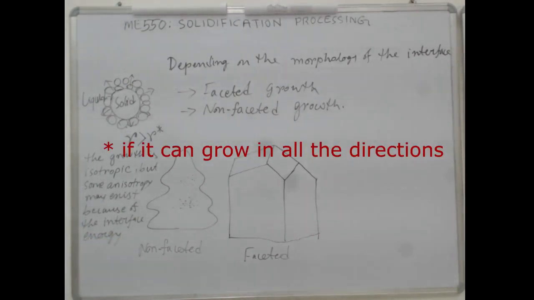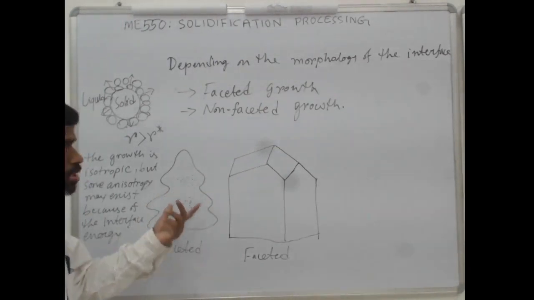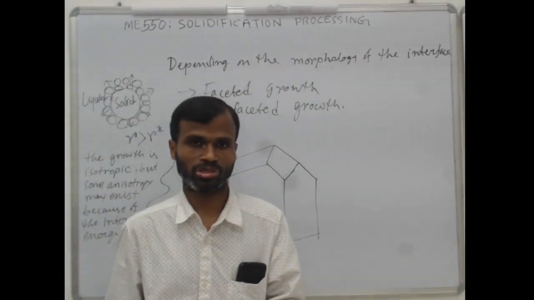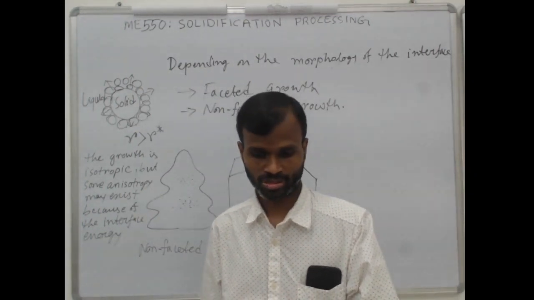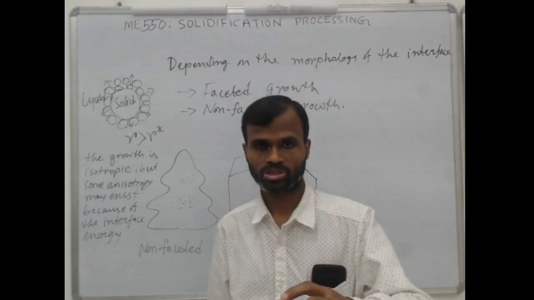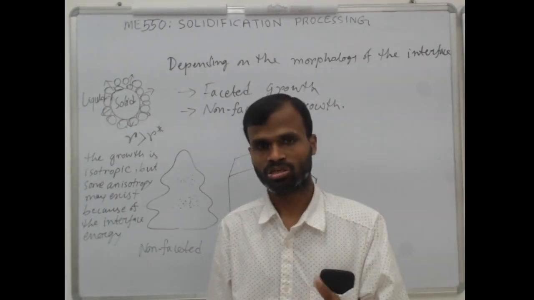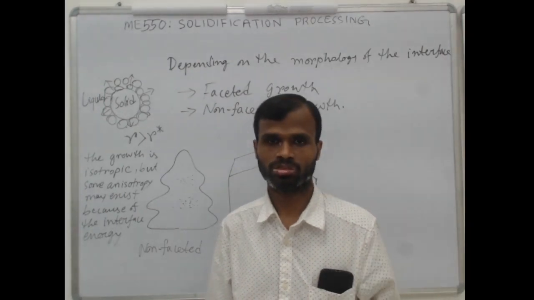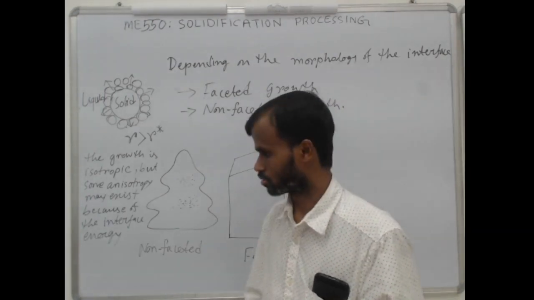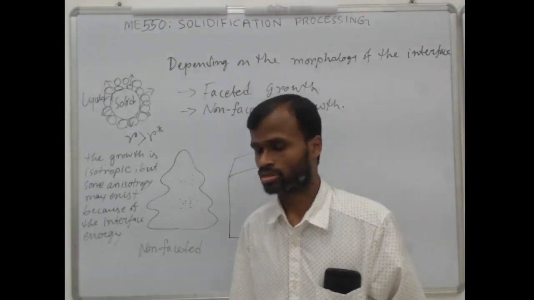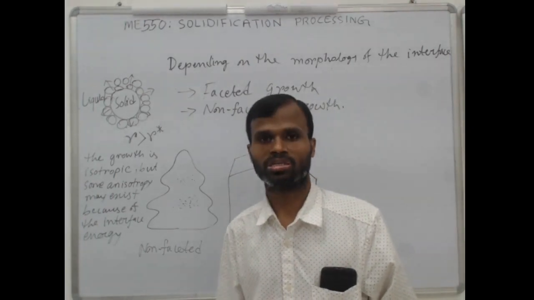If it can grow in all directions without any preference, then during growth the surface can become curved. If there is a curvature, the surface energy will vary, as we have discussed in class. This leads to some anisotropy, and because of this we get tree-like structures, the dendritic structures seen in real materials.